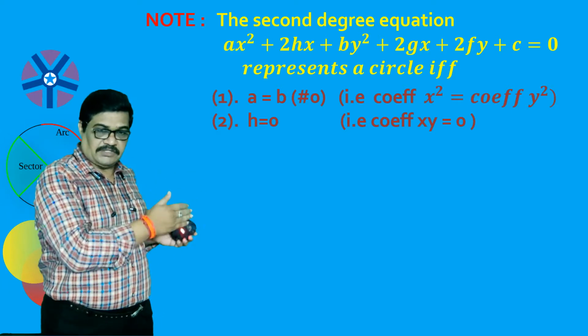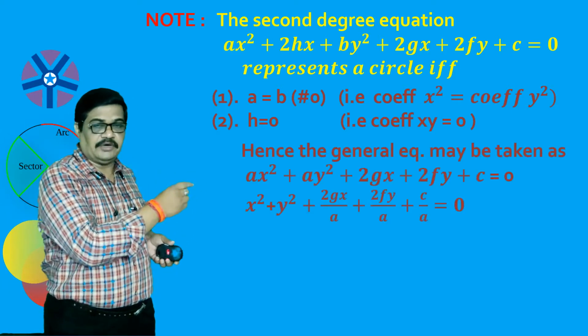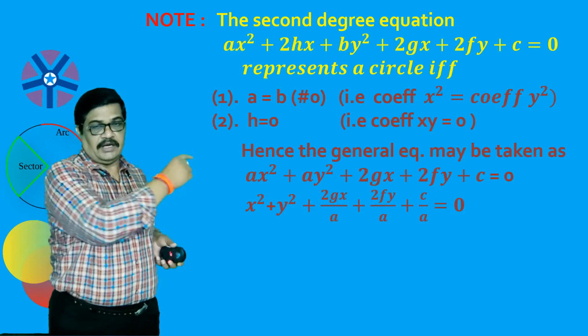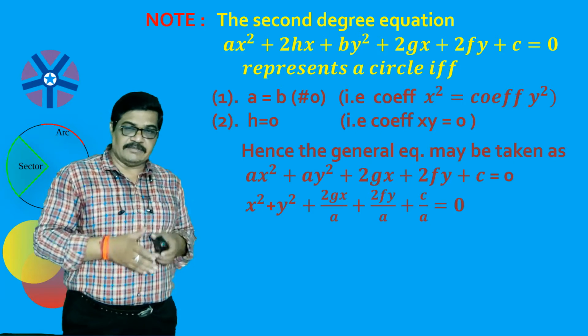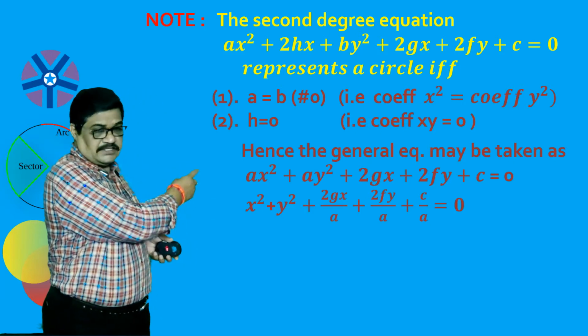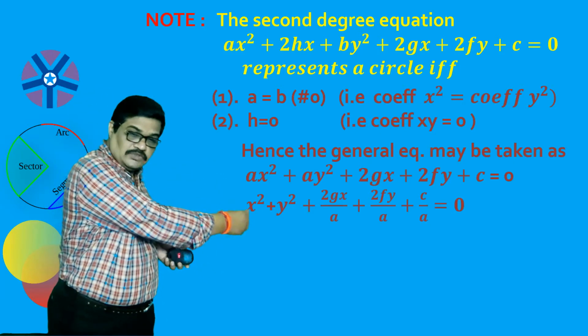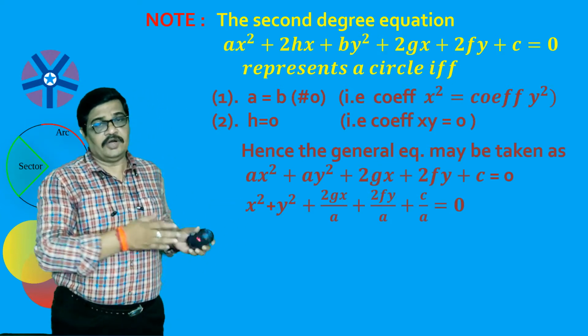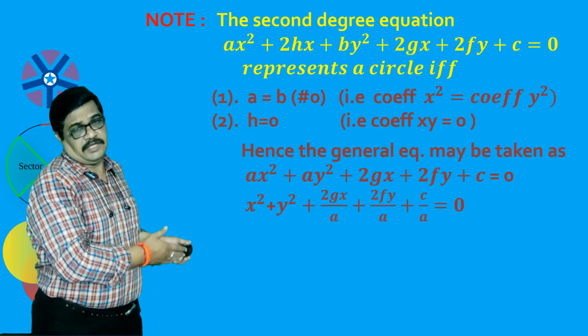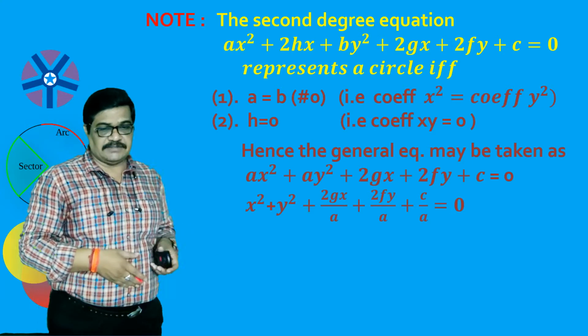Then in the given equation we substitute b equal to a and h equal to 0. The equation becomes ax square plus ay square plus 2gx plus 2fy plus c is equal to 0. Now we divide both sides by a.